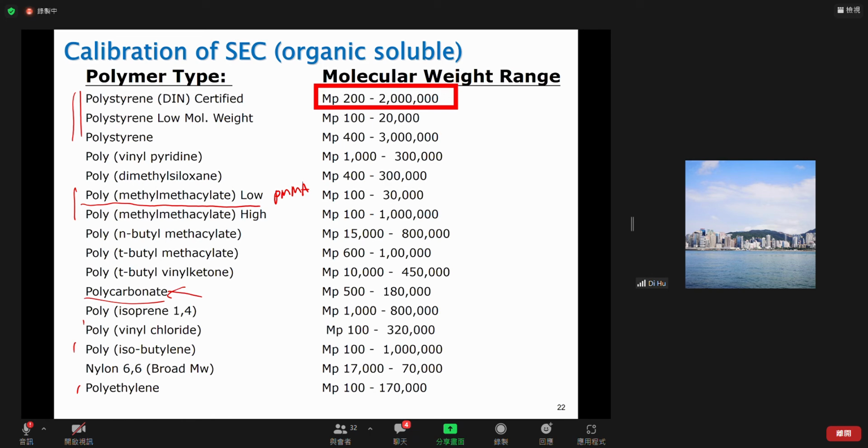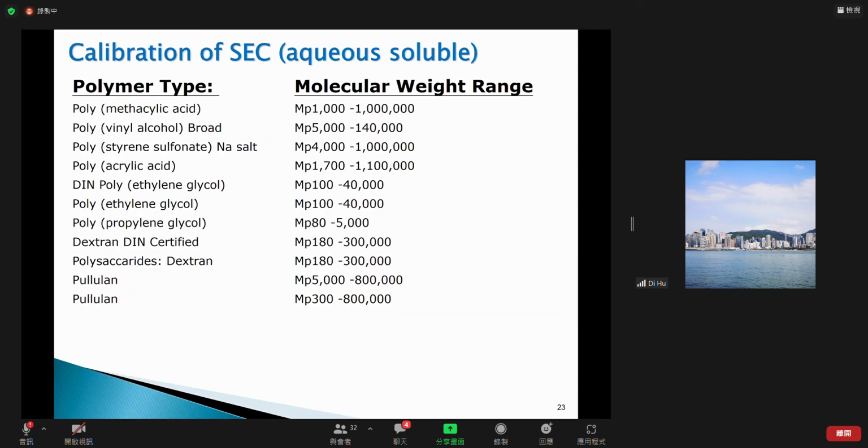And for the aqueous soluble ones, there is polymethacrylic acid, and also polyethylene glycol, and then polysaccharides. Dextran is cheaper, but it is a branched one, so you have to pay attention to that.